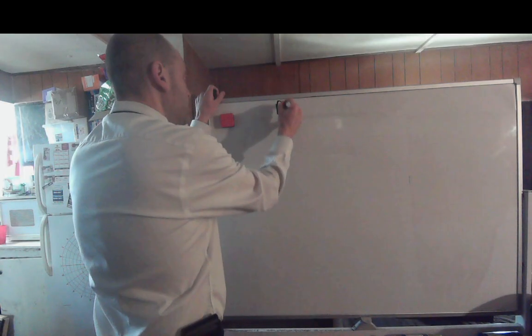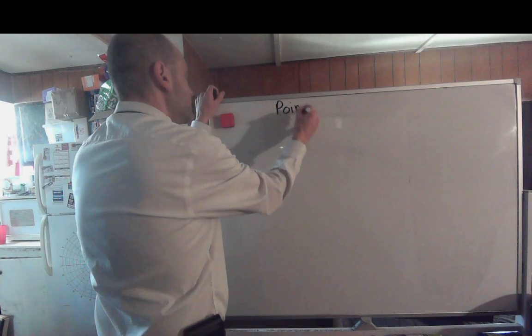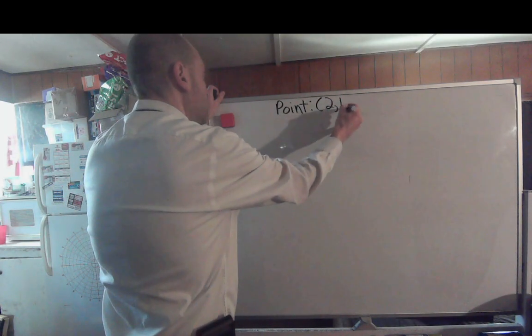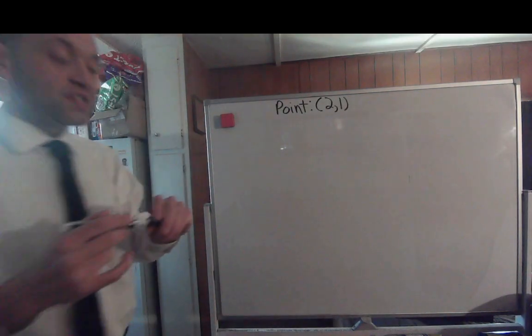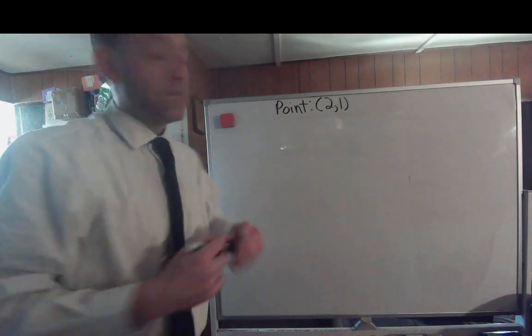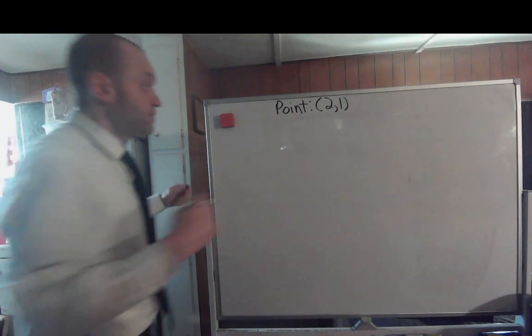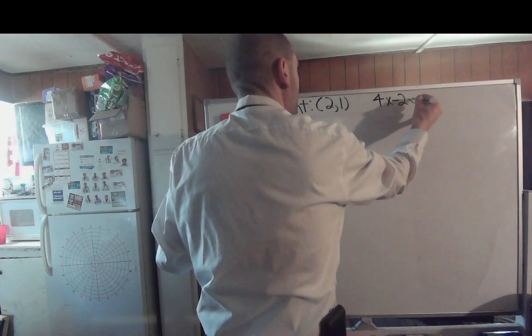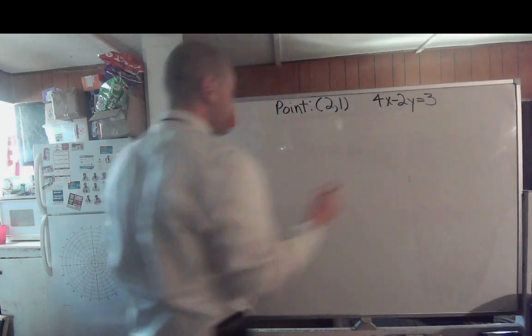We have to find a couple things here. We have a point 2, 1. This is outside of a line that they give us, 4x minus 2y equals 3.